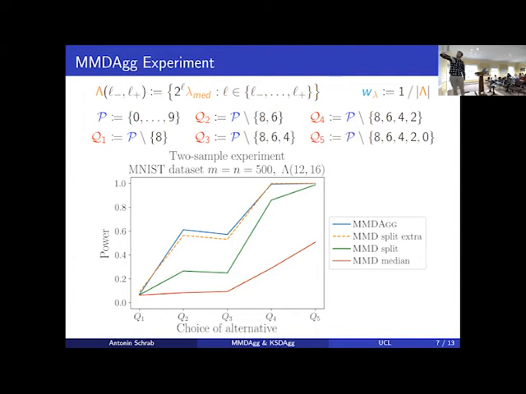And we also compare to this MMD split extra, which essentially has access to some extra data to choose an optimal bandwidth. In the experiments, we observe that our aggregated test performs as well as the test which has access to some extra data. So we're really pleased to see that.